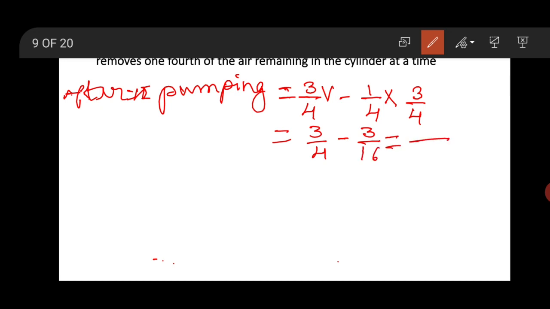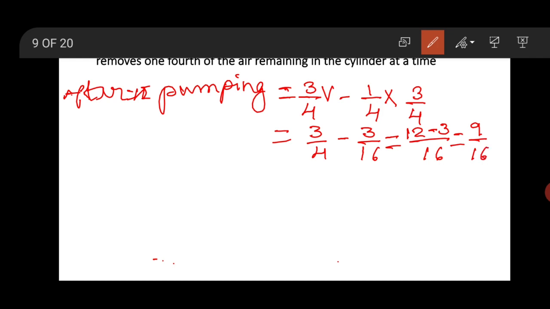Take the LCM of 4 and 16, which is 16: 12 minus 3 is 9, so it equals 9 by 16.